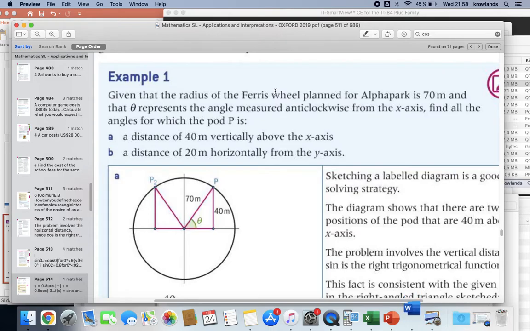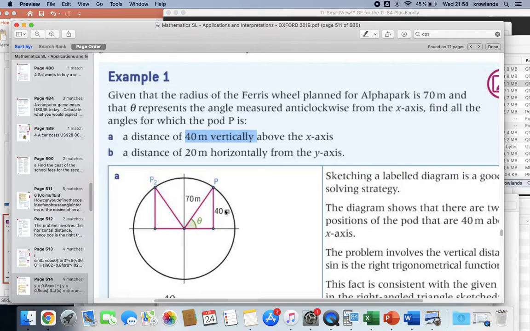The first thing you need to do is to be able to draw a picture. It says the radius of the Ferris wheel is 70 metres. So we draw this to be 70. The angle, we draw that into the triangle, and the vertical distance is 40, which we draw here.